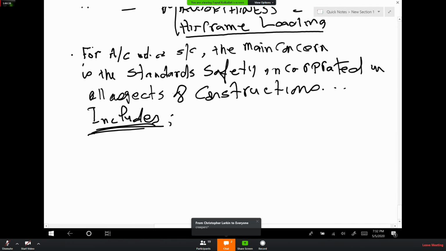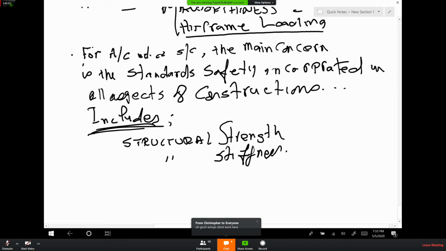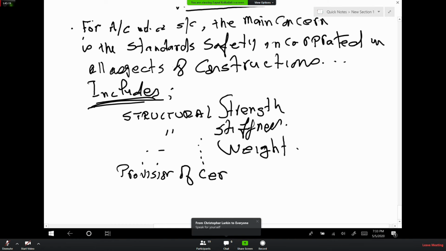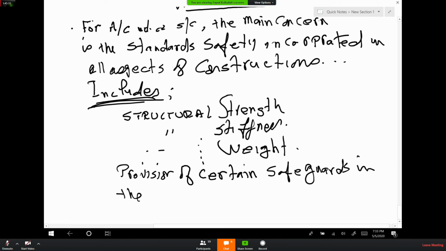a long list, but one of them, as we said, structural strength, structural stiffness, weight, and other factors, including provision of certain safeguards in the event of a crash landing, God forbid.